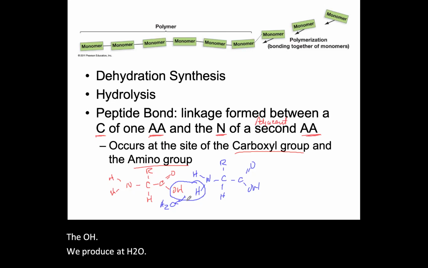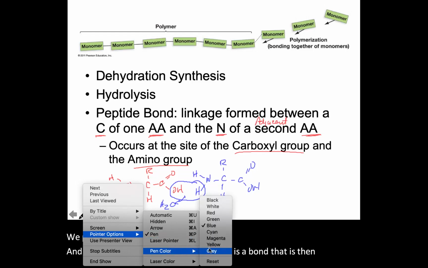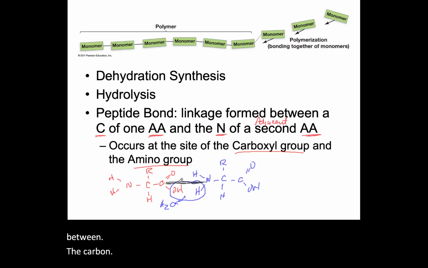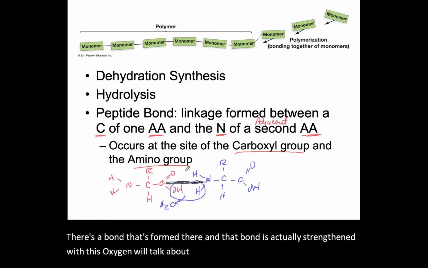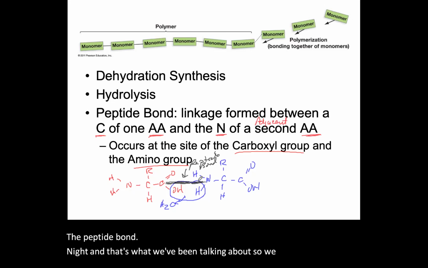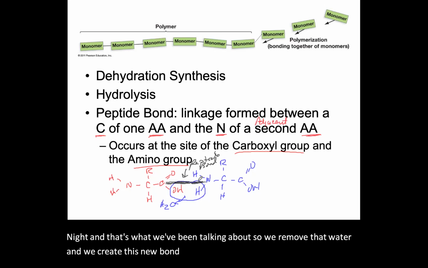And now a bond is formed between the carbon and the nitrogen. And that bond is actually strengthened with this oxygen. We'll talk about this more in the next slide. But that bond is the peptide bond. And that's what we've been talking about. So we remove that water and we create this new bond between carbon and nitrogen that is strengthened by the oxygen.